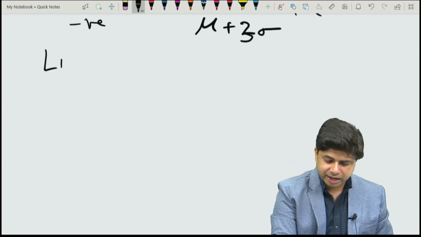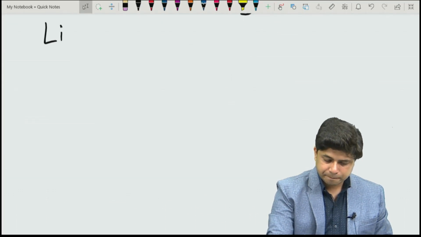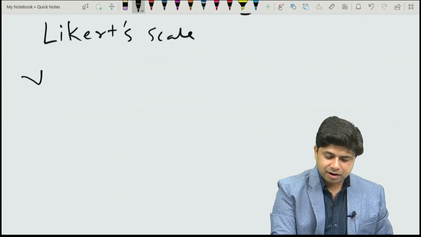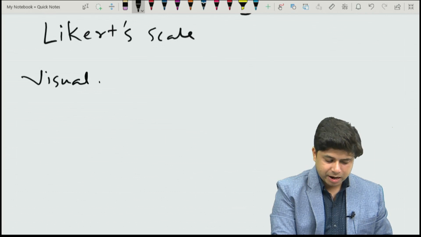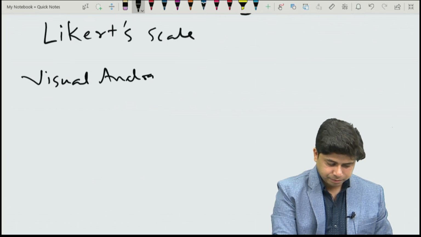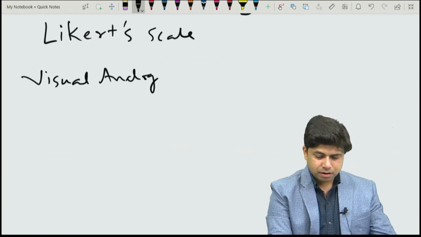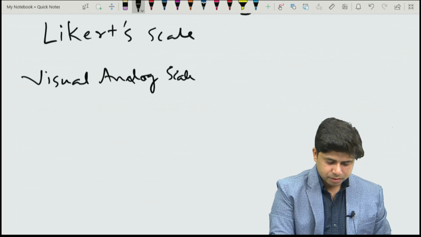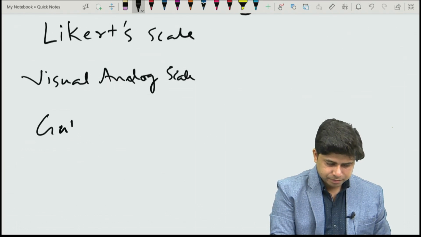There are several scales: Likert scale, visual analog scale, Guttman's scale.